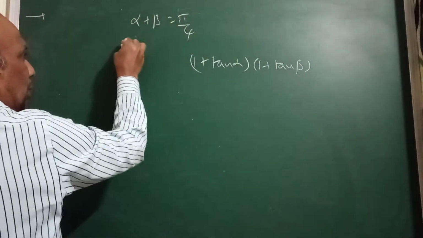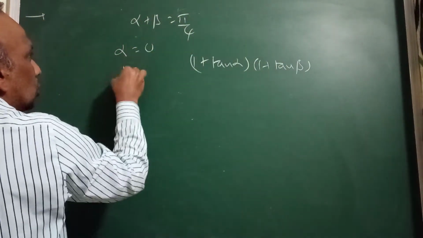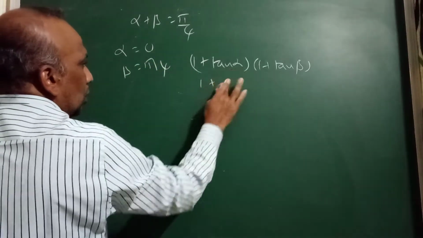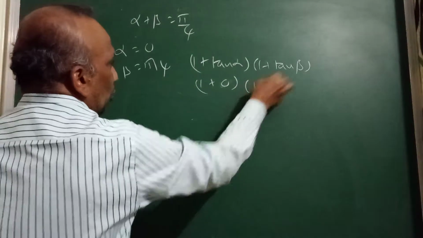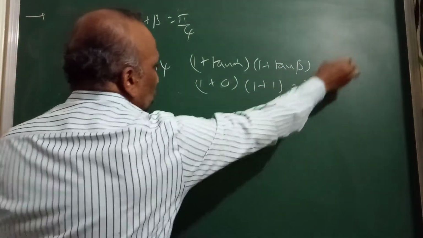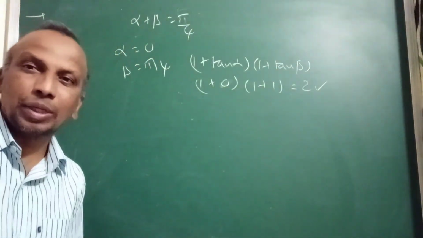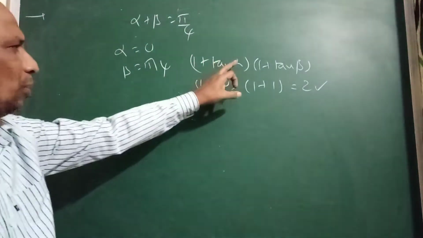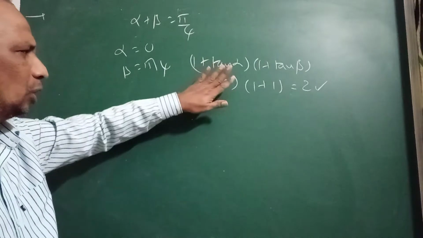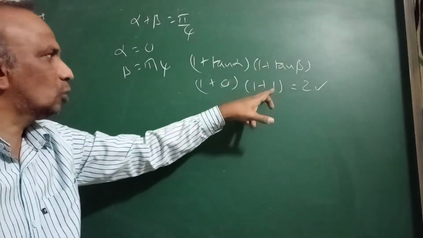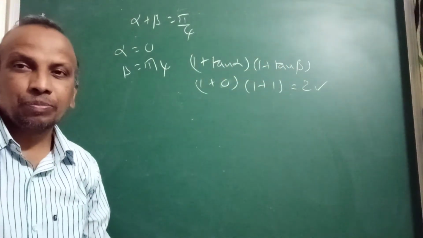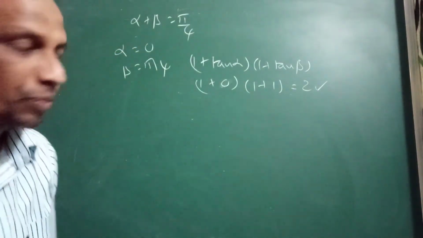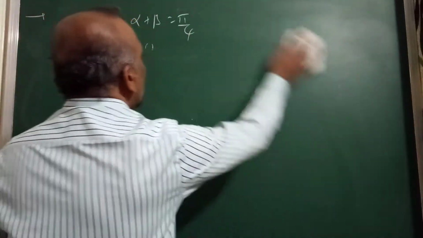Suppose the sum is pi by 4, alpha equal to 0, so beta is equal to pi by 4. You will get 1 plus tan 0, which is 0, and 1 plus tan 45, which is 1, so it gives 2. This also will solve the problem. You can use a technique like this: any one of the values is 0, another value pi by 4, and you can solve it.